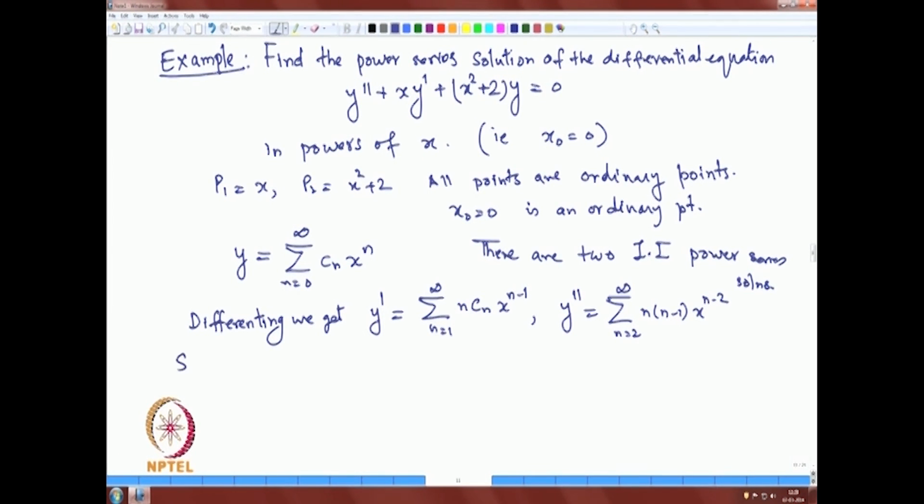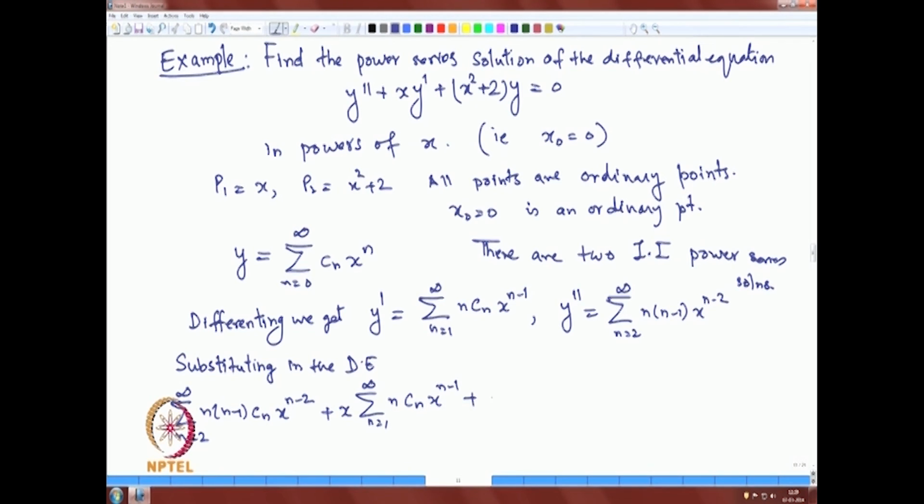So, substituting in the differential equation, we get summation n into n minus 1 Cn x to the power n minus 2, the first term, n goes from 2 to infinity, and the second term is x into y prime, which is x into summation n goes from 1 to infinity n into Cn x to the power n minus 1.